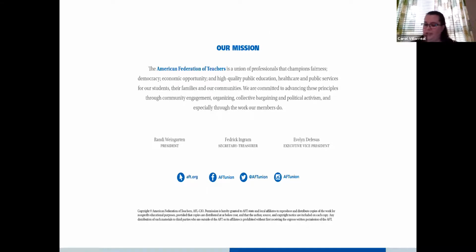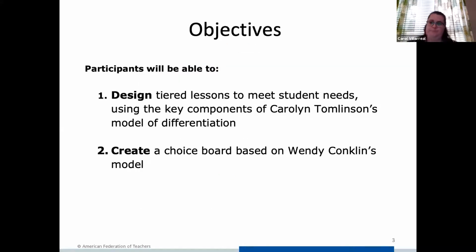So let's go ahead and take a look at the objectives of the session. Go ahead and just take a moment and read these objectives to yourself. So we're going to be looking at two things today. We're going to be looking at the tiered lessons, how to do that correctly, and then how to create a choice board.